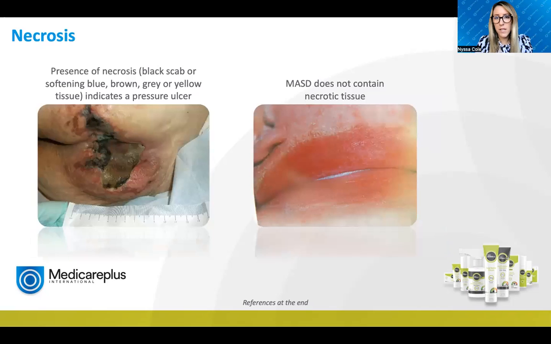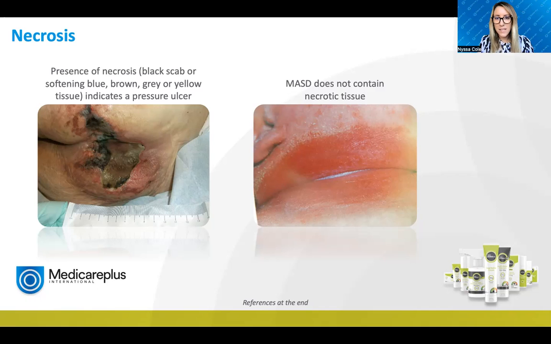And then if there's necrotic tissue present, that indicates that there's a pressure ulcer there, because of the pathology of pressure ulcers. Necrosis indicates that there's a problem to the blood supply to that tissue. That tissue has now died, and that is the necrotic tissue.